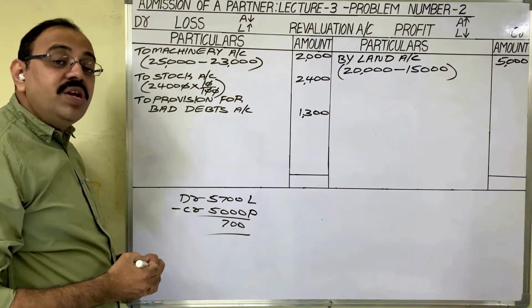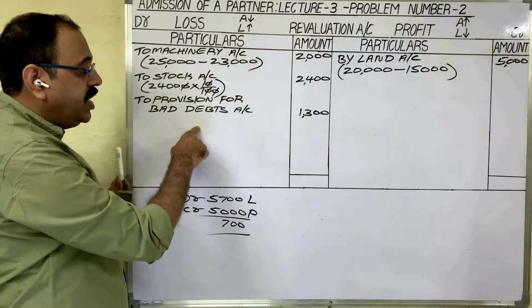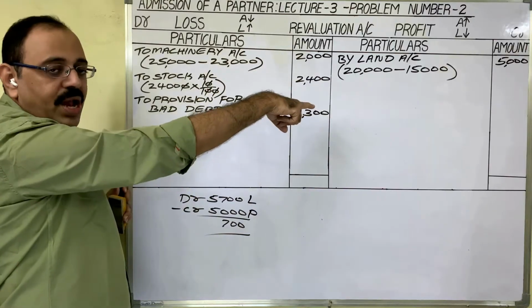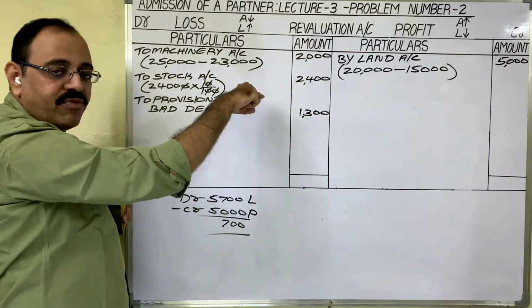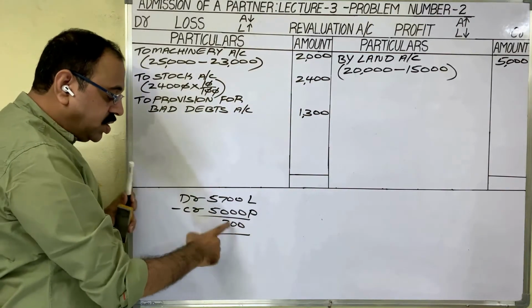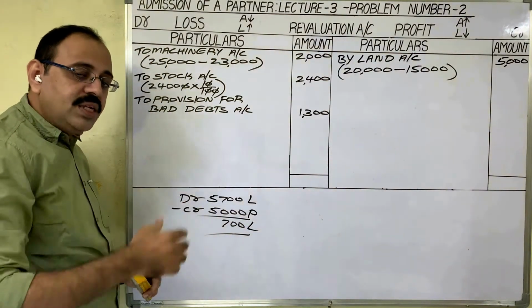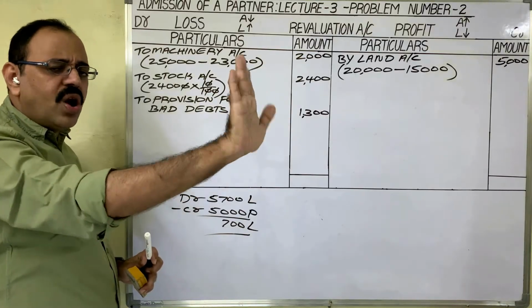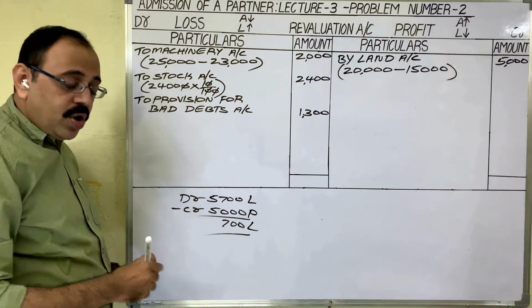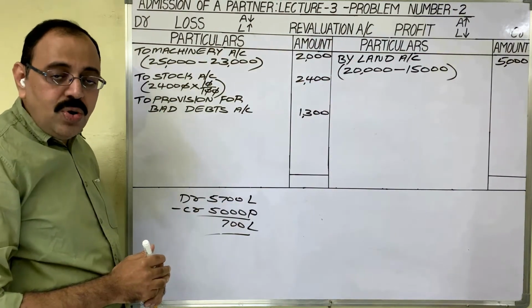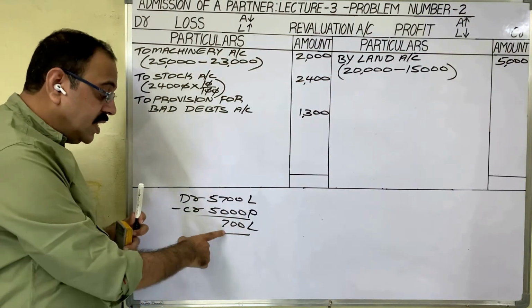So in revaluation of assets, observe here, liability is not revalued. Only assets are revalued. In this revaluation of assets, there is a loss of 700 rupees. Who should bear this loss? New partner is not going to bear this loss because this loss is erased before his admission. So, old partners have to bear this loss.